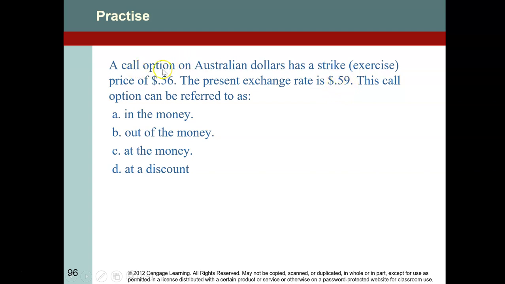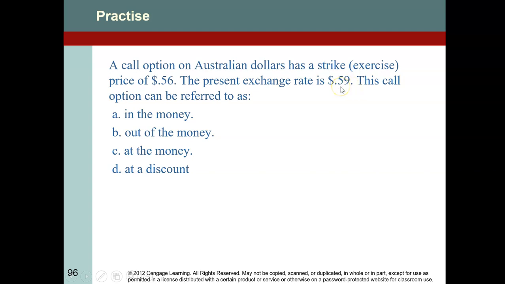The call option strike price or exercise price is 0.56. So we could exercise that option and buy the currency at 0.56 and sell it at a higher price, 0.59, on the spot market.